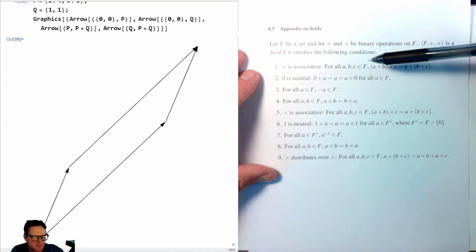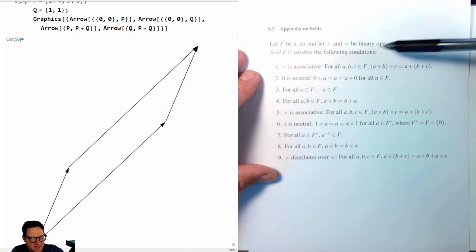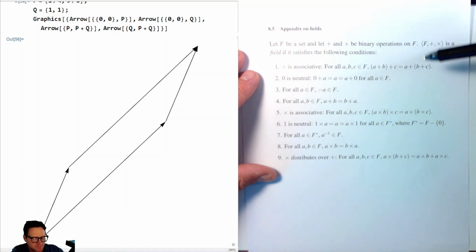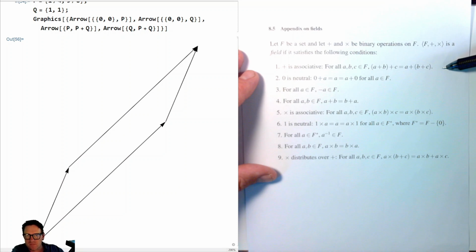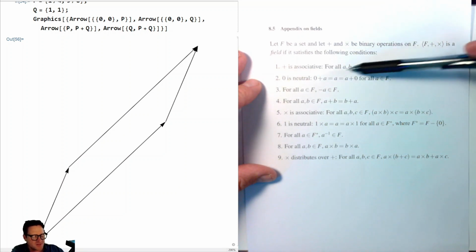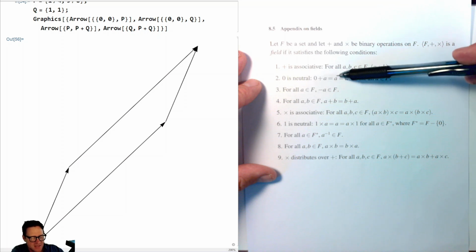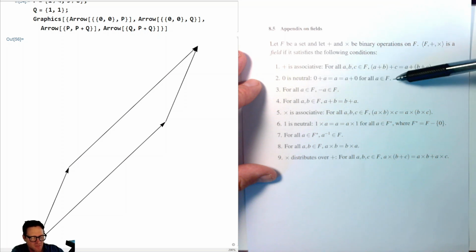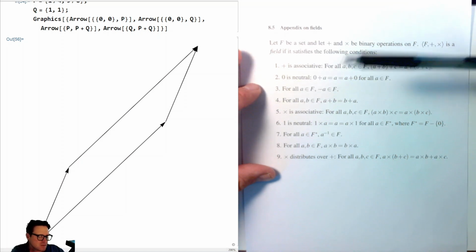Addition is associative: for all scalars a, b, and c, a plus b added up first, and then plus c is the same as a plus b plus c. Addition is associative. Okay, if you can move the brackets around. 0 is neutral in the sense that 0 plus a is a, which is a plus 0 for all elements a of the proposed field F.